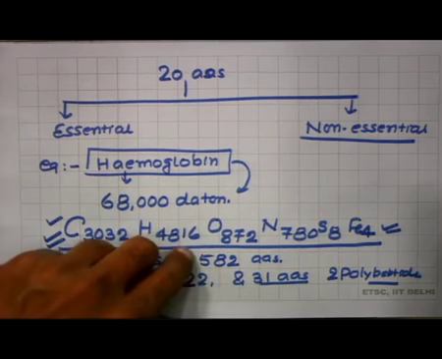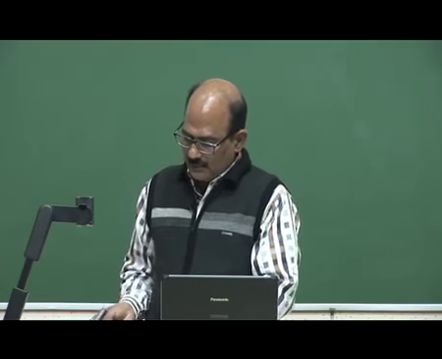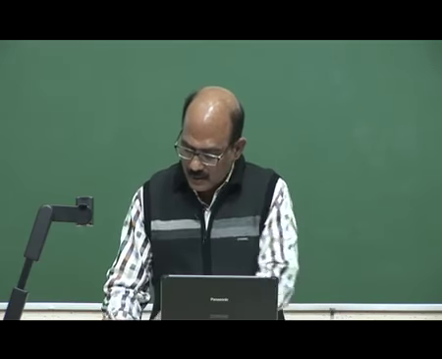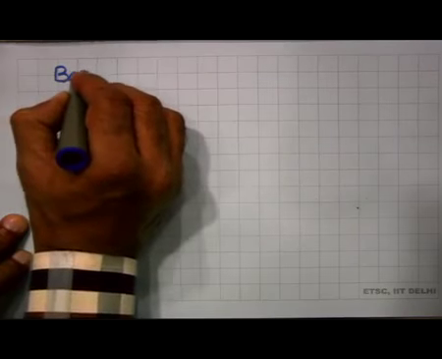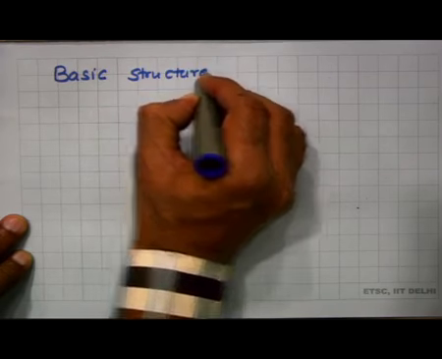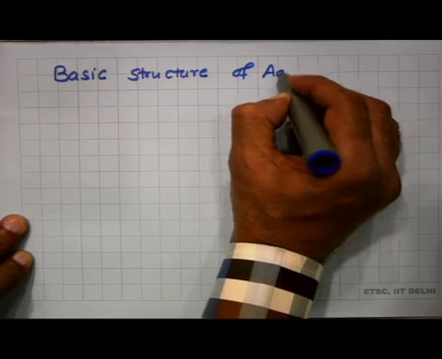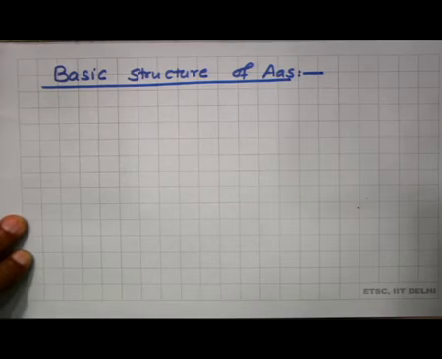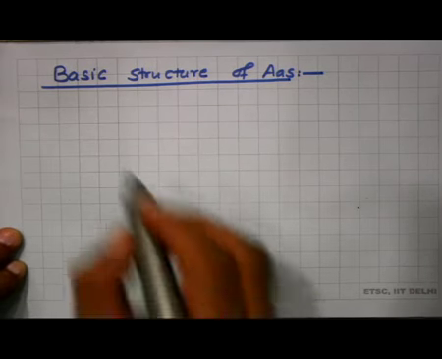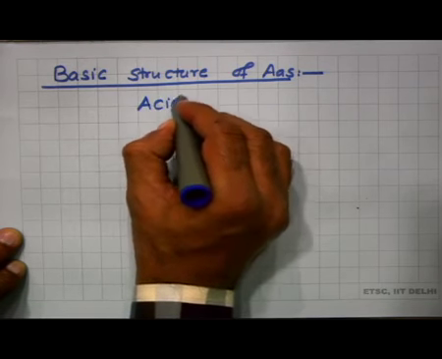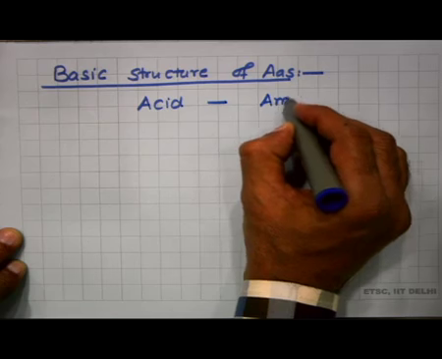Now, the different types of amino acids which form the protein, the basic structure of amino acid you will find here. As we are aware, the amino acid contains an acid group as well as an amino group.